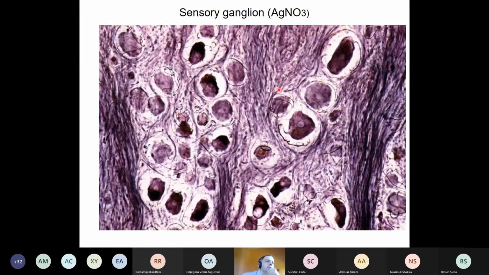You see here nerve fibers wrapping around the cell bodies, and each neuron has only one single process that loops around the cell body a couple of times, and then it splits into two branches. And this is how a pseudo-unipolar neuron looks. So now you know that this is a sensory ganglion because you have these pseudo-unipolar processes.